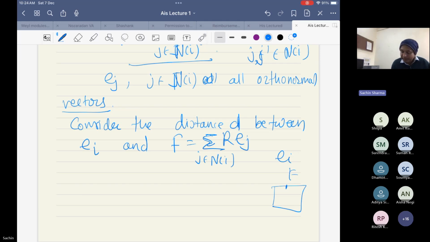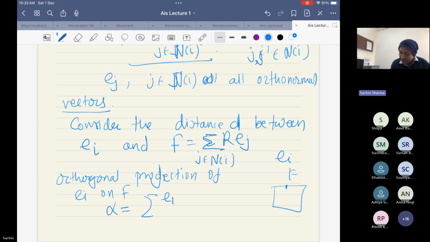Suppose this is an orthonormal basis. Then the orthogonal projection of e_i on F is given by the vector alpha, which is the summation of (e_i, e_j) over norm of e_j squared times e_j, but the norm is 1.